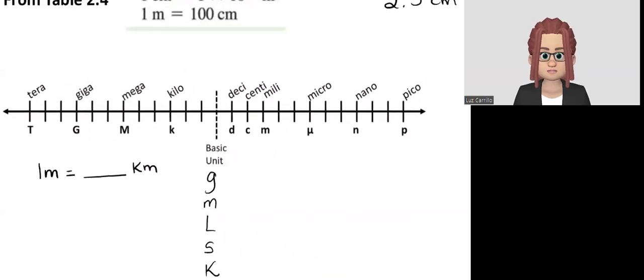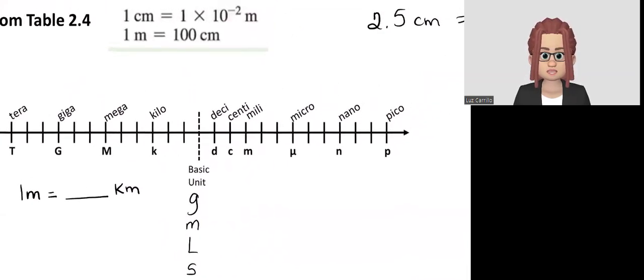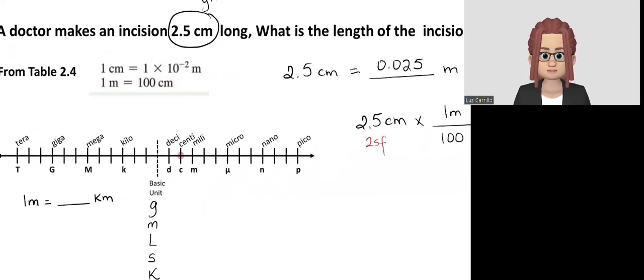So if we go back to our problem, which says that we are given 2.5 centimeters, we first label that in our number line. We are given 2.5 centimeters. According to the problem, we need to find meters.